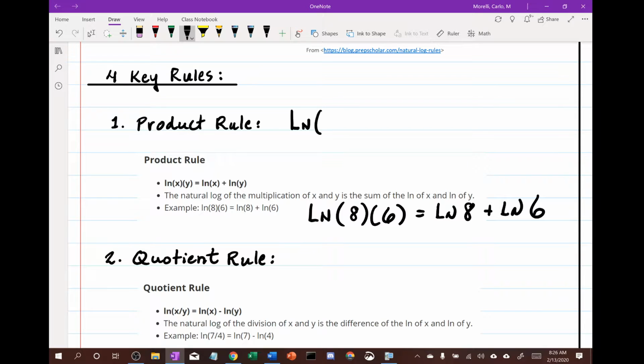If you take the ln of 4 times 5, that equals the ln of 4 plus the ln of 5. So if they're multiplied inside the parentheses, they can be pulled apart into addition, like that. You basically kind of distribute the ln, and then you add, like that.